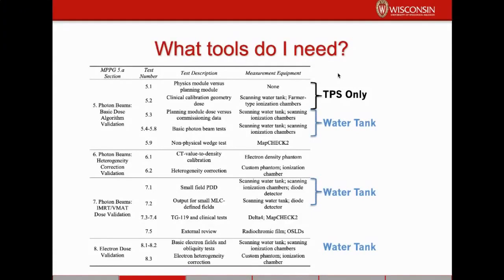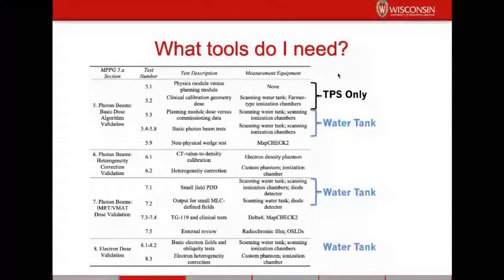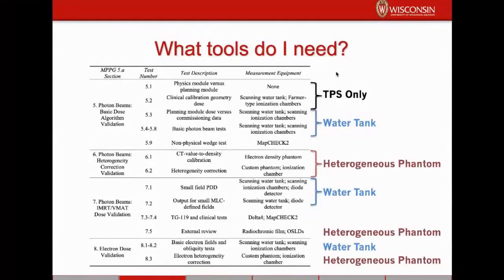Many of the tests were best done using a water medium or a water equivalent medium. So I thought, using a water tank and setting up things in the treatment planning system for that made a lot of sense. A few of the tests require heterogeneous phantoms. Some were just custom constructed, simple phantoms composed of solid water and cork, which makes a great lung substitute.